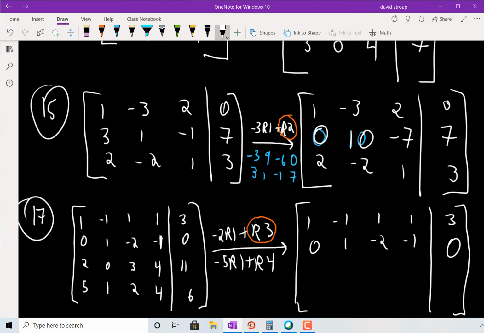So I'll do the -2 row 1 plus R3 above. So -2 times row 1 is -2, 2, -2, -2, -6, and then row 3 is 2, 0, 3, 4, 11.